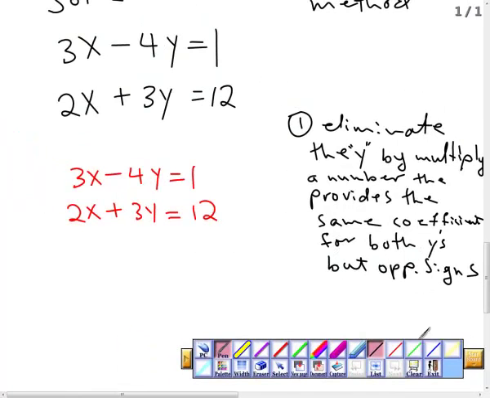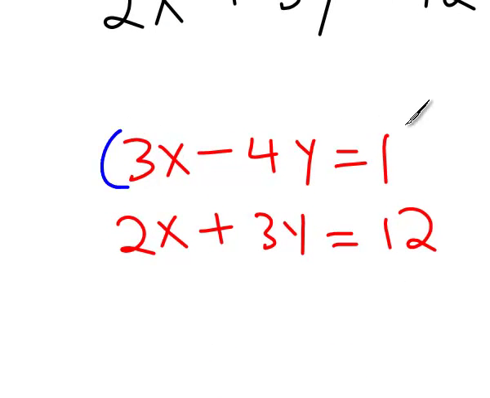Okay, so in this case, a way you can look at this is, if we were to multiply 3 times 4, well, what's 3 times 4? 12. And then 4 times 3, that's 12. So we can't just multiply the 3 times the 4 in order for both equations to balance.